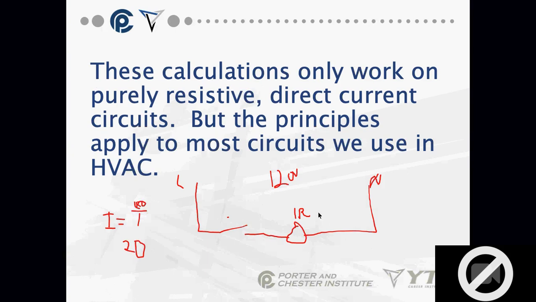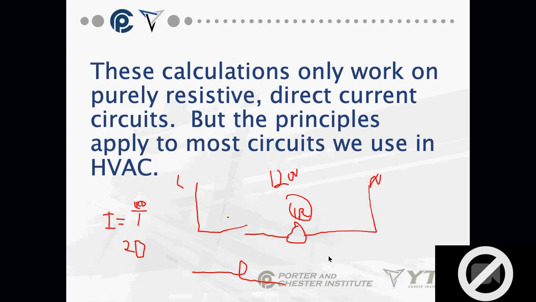So why does my amperage not work out? I can plug a light bulb in with 1 to 3 amps of resistance, and it will run perfectly fine on a 120 volt circuit. So what happens when I plug that light bulb in? A light bulb has a coil in it. The filament is actually a coil.